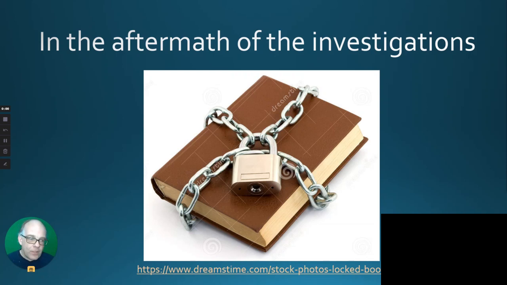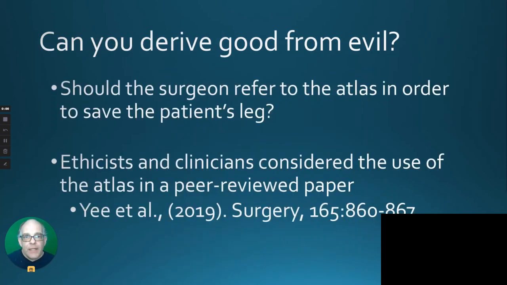And that's part of what happened here: the surgeon in question was given this atlas as a gift because of the value it had for somebody doing these very delicate nerve surgeries that she was doing. And so the question is, again, that ethical question: can you derive good from evil? Should the surgeon refer to this atlas that has been collected in a very unethical way in order to save the patient's leg?